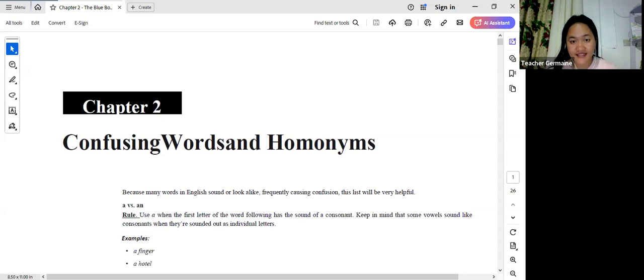I sent a definition of what homonyms are in the chat box. I want everybody to please check it. Get your notebook and please copy it, so that you will not forget the definition of homonyms.